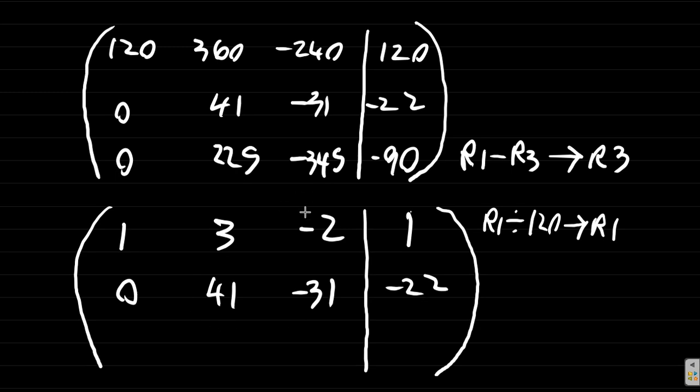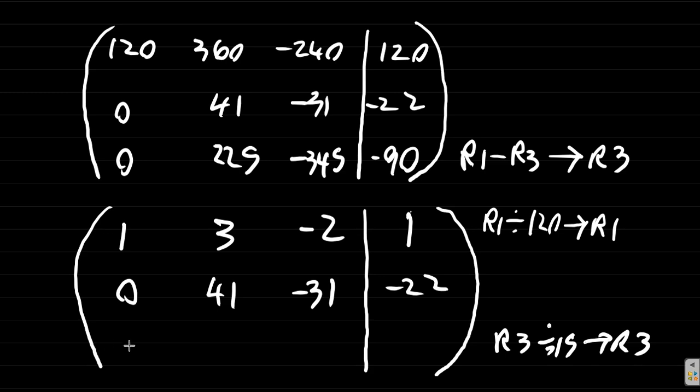Then, when it comes to row 3, we could divide everything by 5, right? Could we divide by 15? 345 over 15 is a whole number. Alright, we could say row 3 divided by 15 gives us a new row 3.